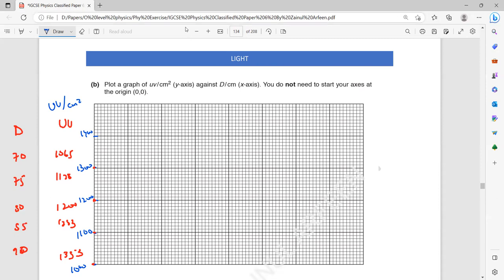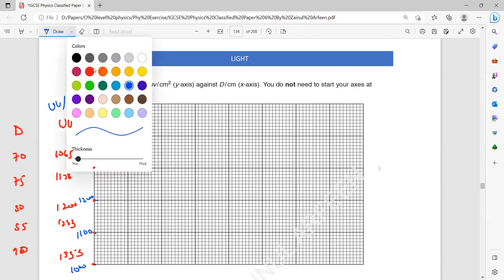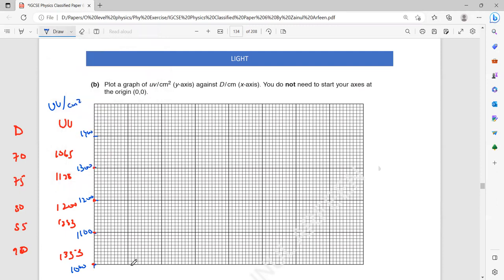Again, they mentioned we don't have to start from the origin, so we can start with any number. For example, if we start with 70, then this is 80, this is 90. In this example I took this as 70, then here 80, and this is 90.